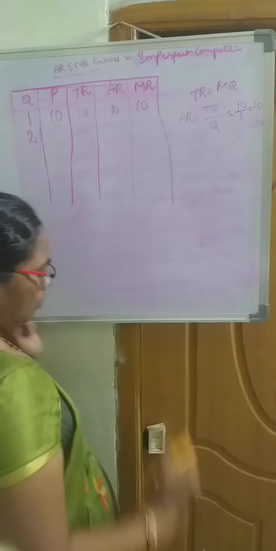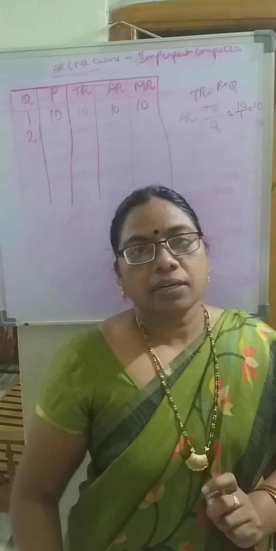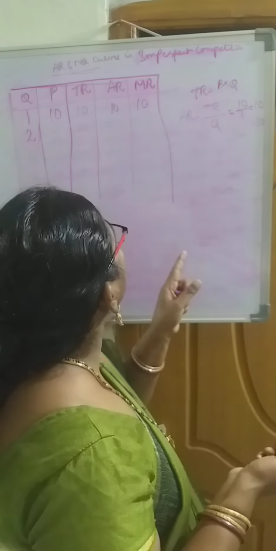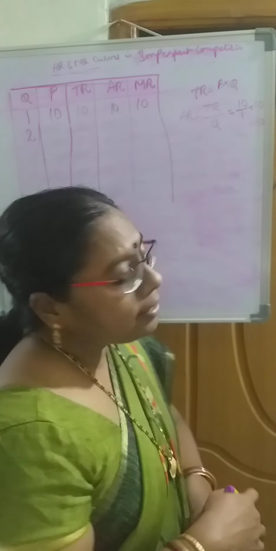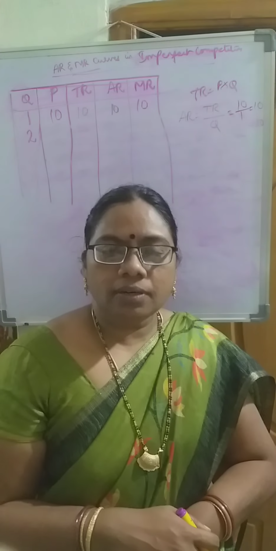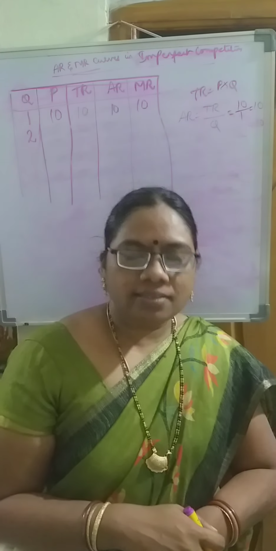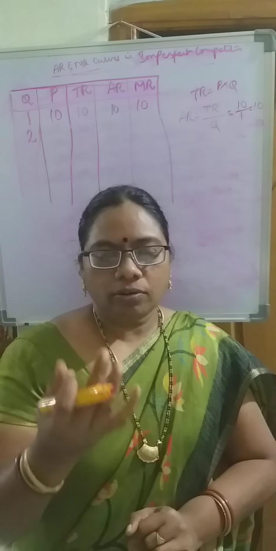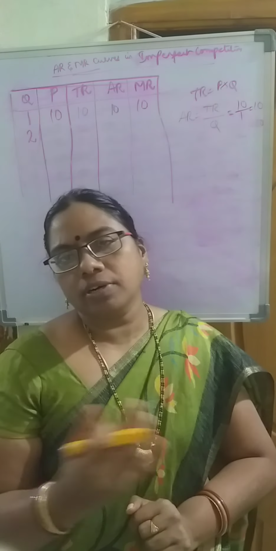Now, the firm in imperfect competition is ready to sell 2 products. What can it do? Here the firm has independence of price. They have the decision to increase or decrease the price.